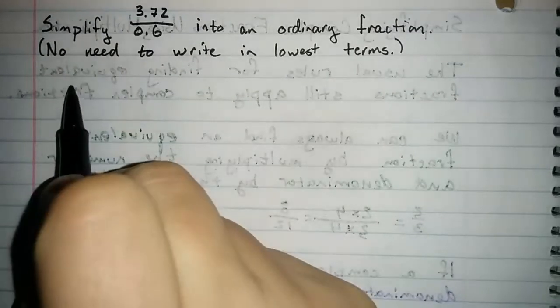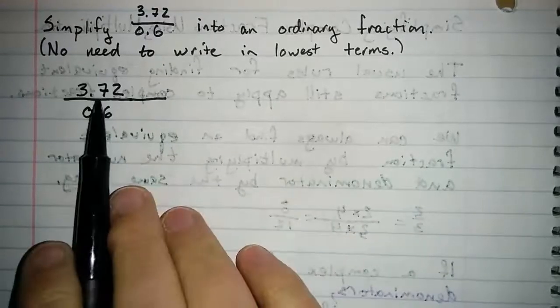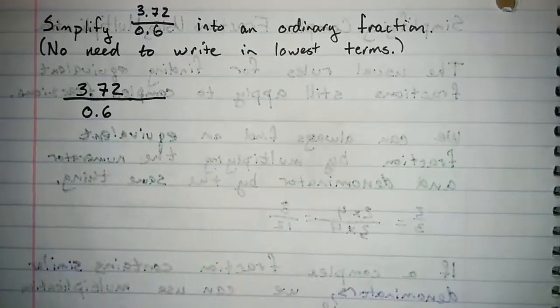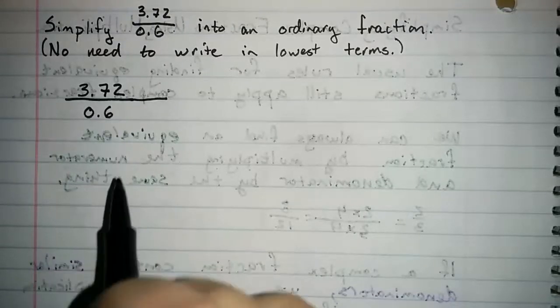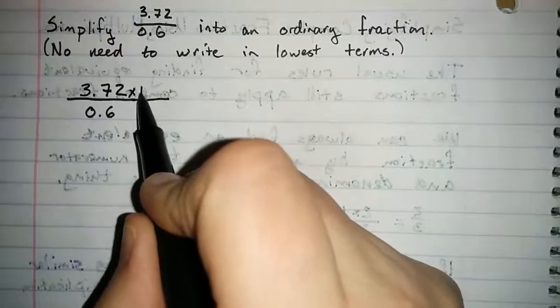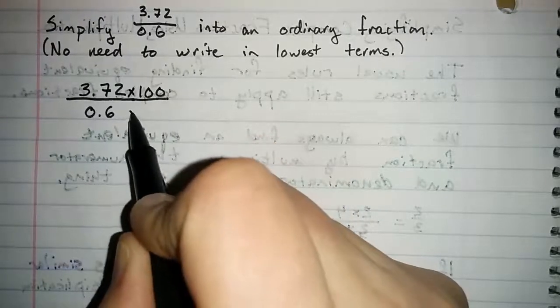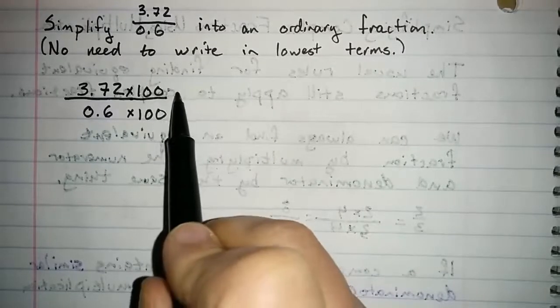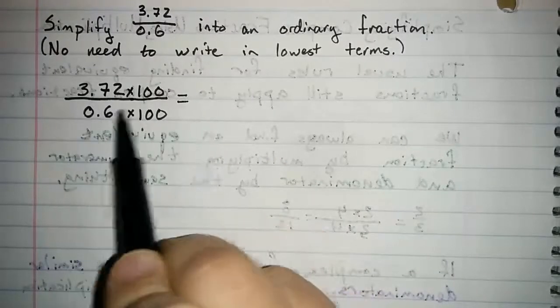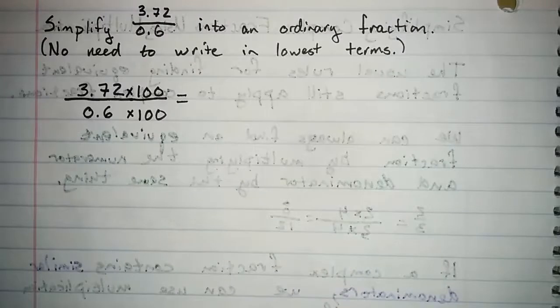All right, so here I want to move the decimal point 2 places to the right. Here I just want 1. 2 is bigger, so I'd like to multiply each by a 1 followed by 2 zeros. So now if you're comfortable doing this multiplication just by moving the decimal point, go for it.